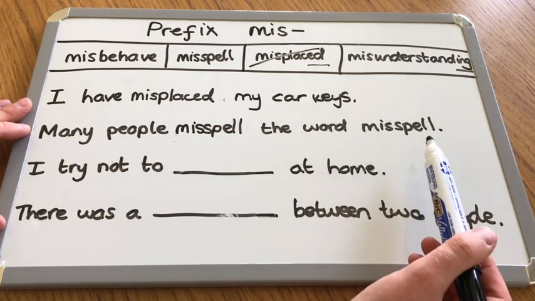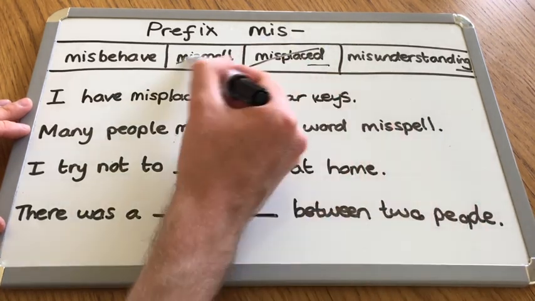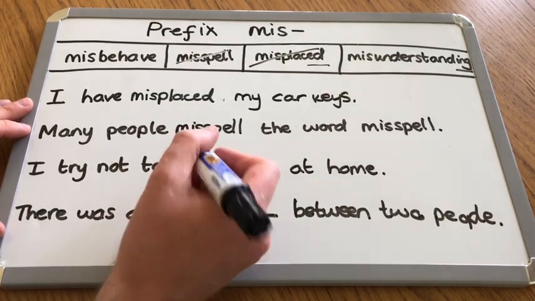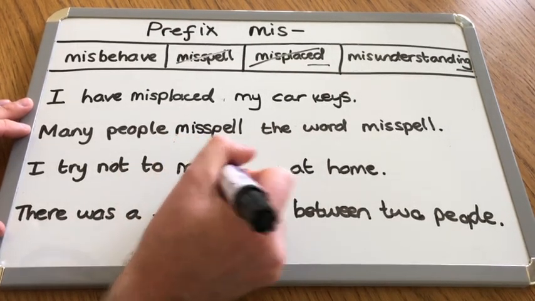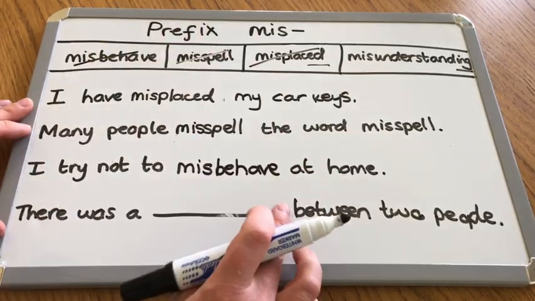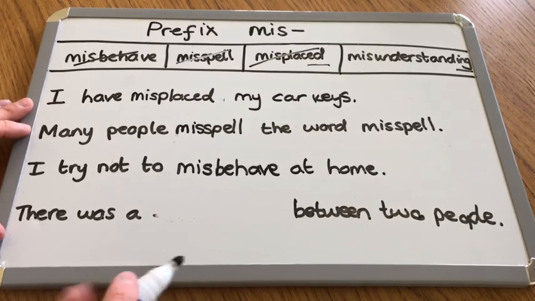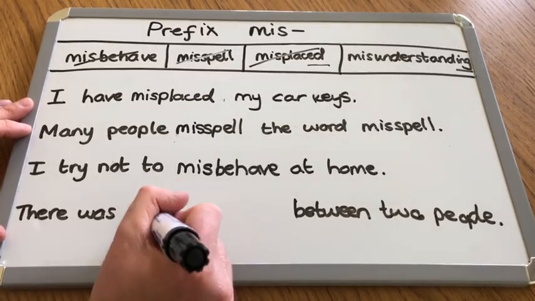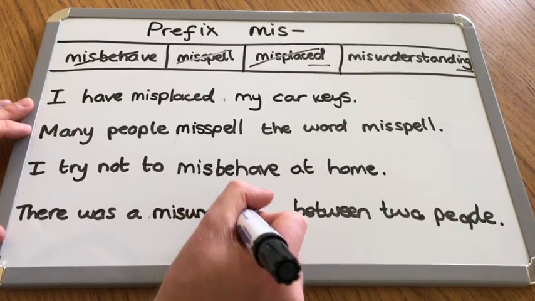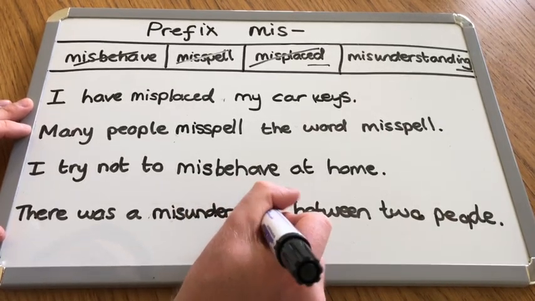So the spelling is correct. So now I've got two left. I try not to misbehave at home. And of course, finally, it must be there was a misunderstanding between two people. Now that means they've disagreed or they've had a little bit of an argument.